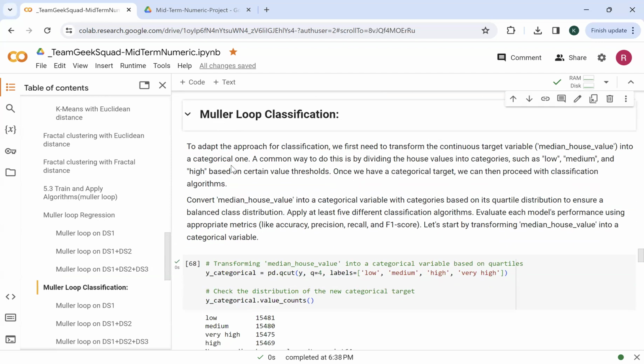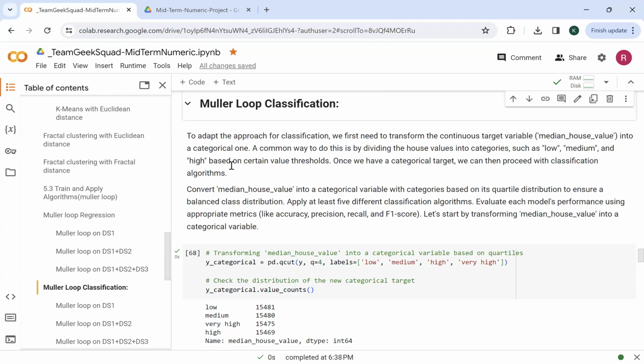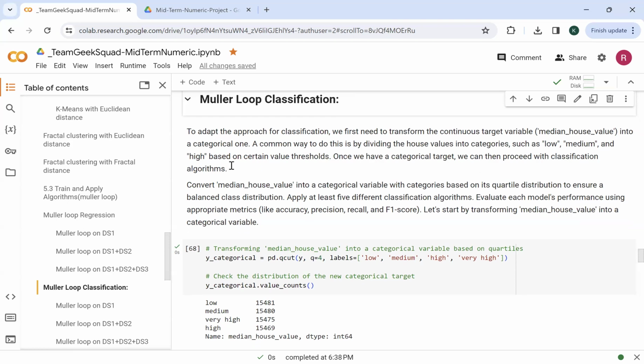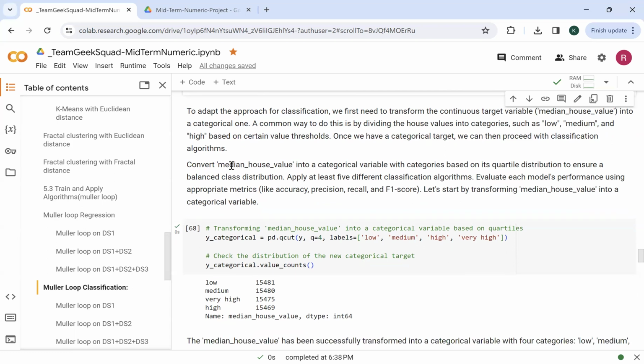And we will perform the Muller loop classification. Here, we first need to transform the continuous target variable, which is the median house value, into a categorical one. The common way to do this is dividing the house values into categories low, medium, and high based on certain thresholds.